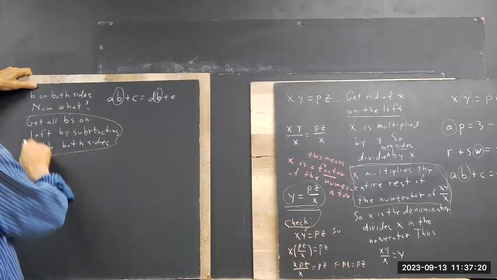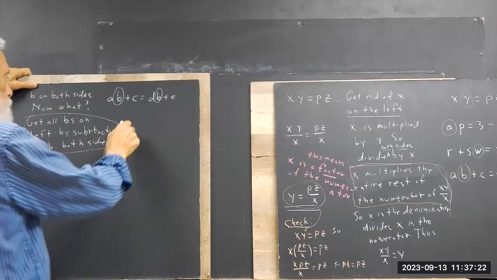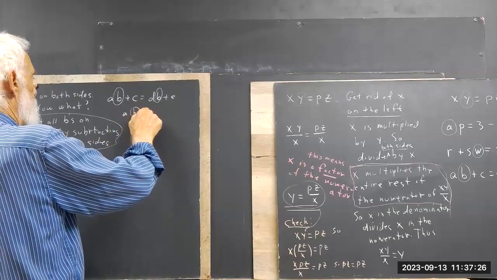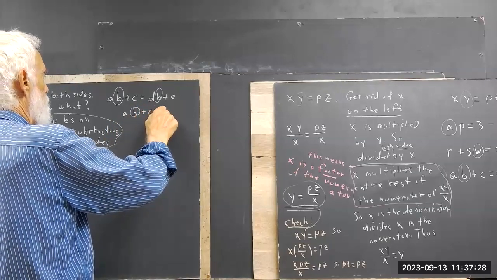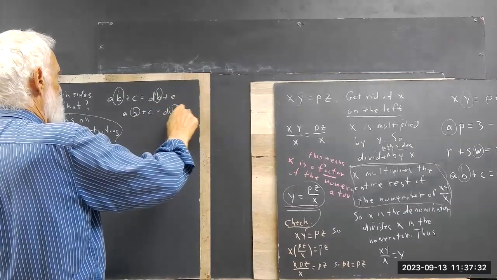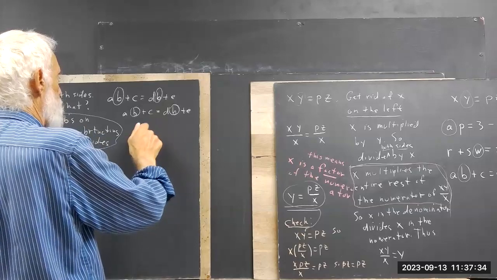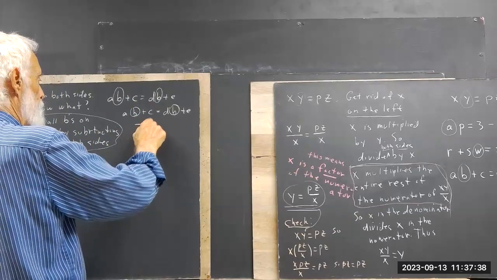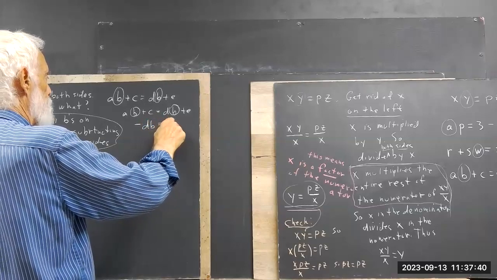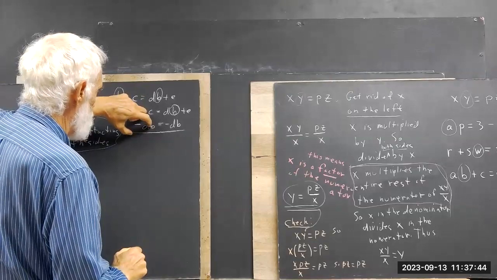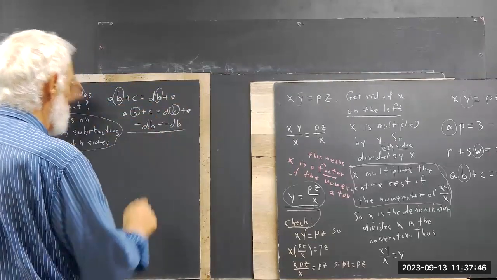Okay. I'm going to do that. And I'm going to write it out like this, like people are in the habit of doing. I think it's questionable pedagogy, but for good reasons. And we do minus dB equals minus dB. And we add this and this, we add this and this.